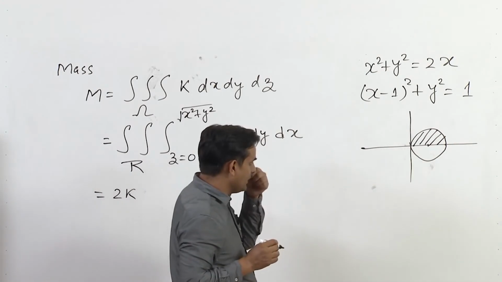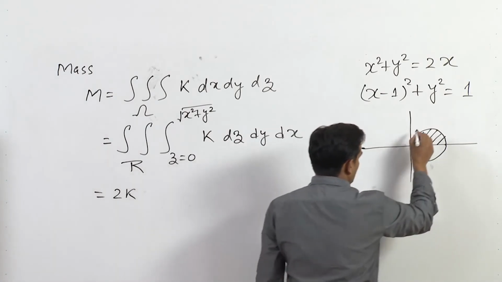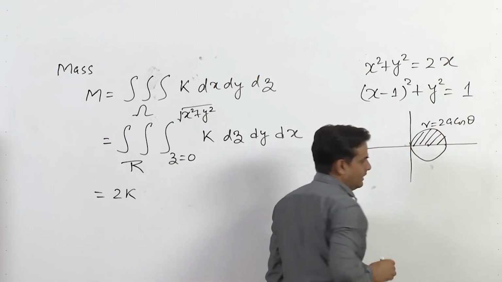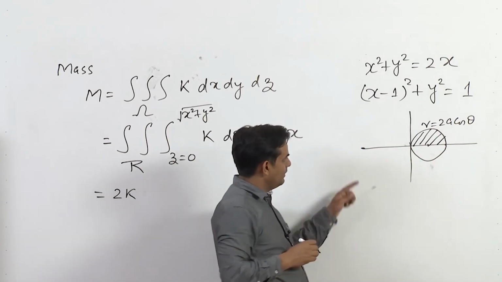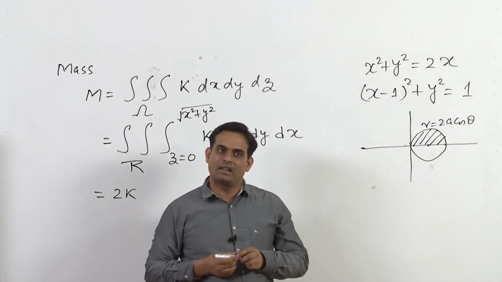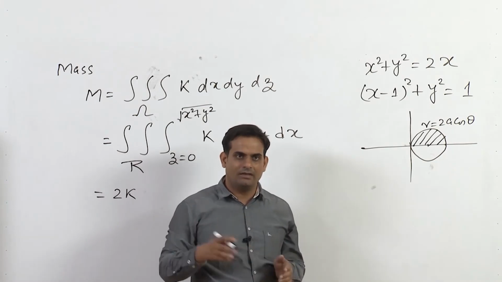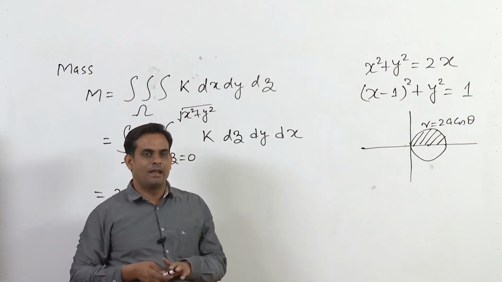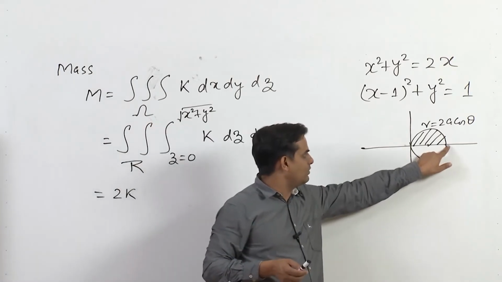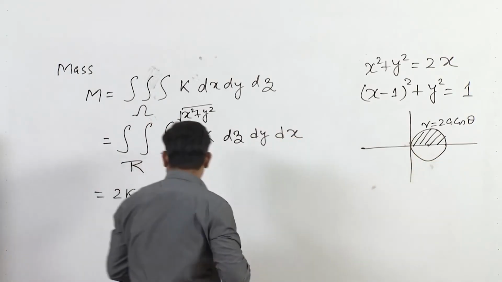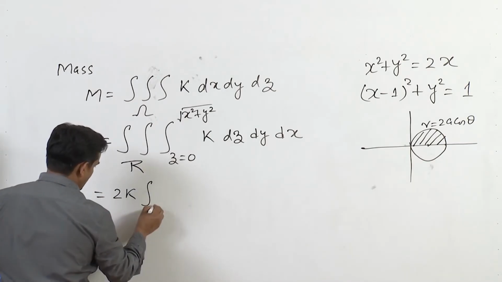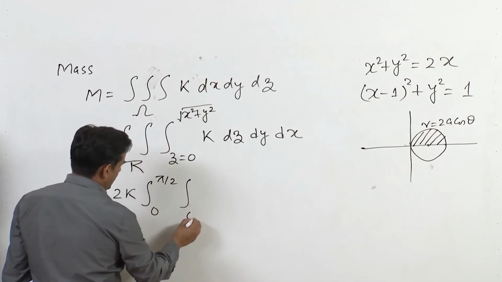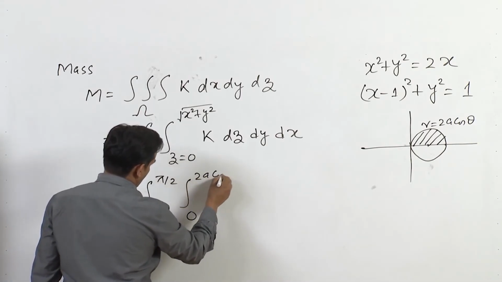If I change it in polar coordinates, this curve will be r equals 2a cos theta. So, my radial strip will start from r equals 0 and it will end on the curve r equals 2a cos theta, and theta will move from 0 to pi by 2. So, it is 2k, integral 0 to pi by 2 and then 0 to 2a cos theta.